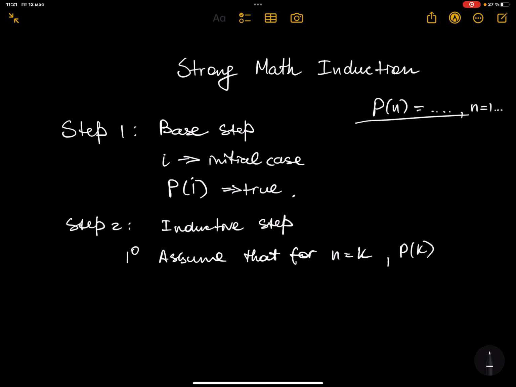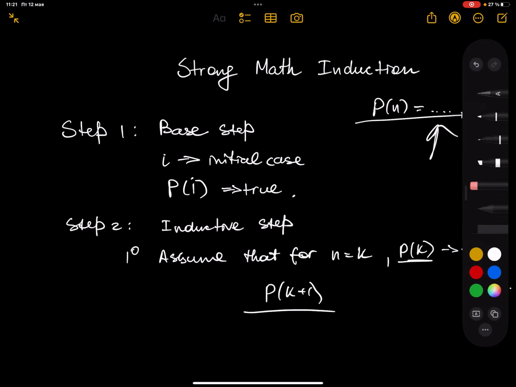Do you remember? Then in the next part of step 2, we had to prove P(k+1). So first we assume it's true for Pk, then we prove it for P(k+1), and that leads to the proof that for n this expression is also true.